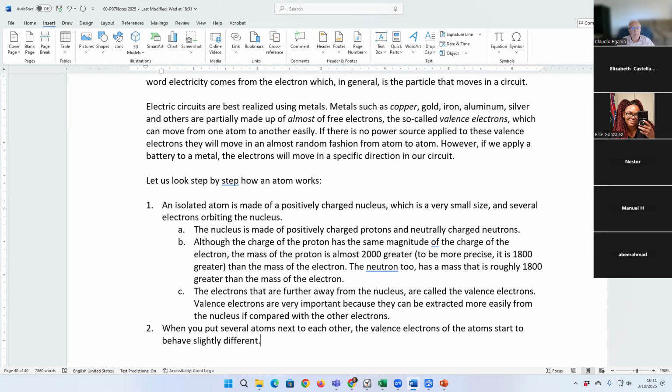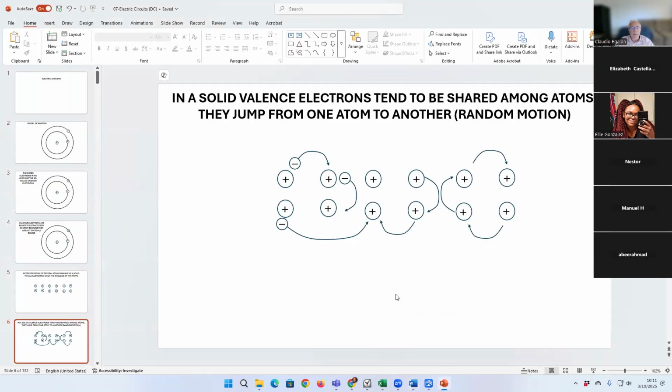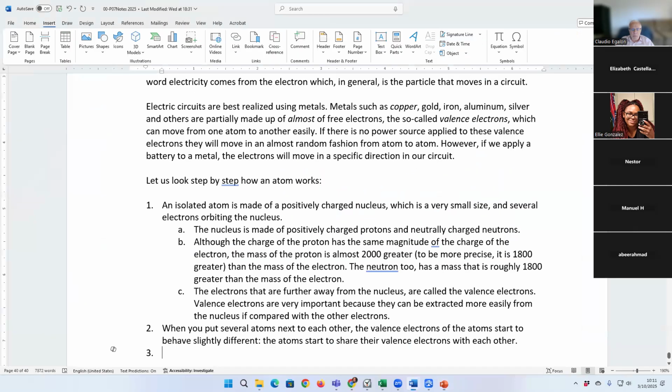And what do I mean by this? The atoms start to share their valence electrons with each other. Keep that in mind, that illustration that I drew for you. We start to share the valence electrons with each other.